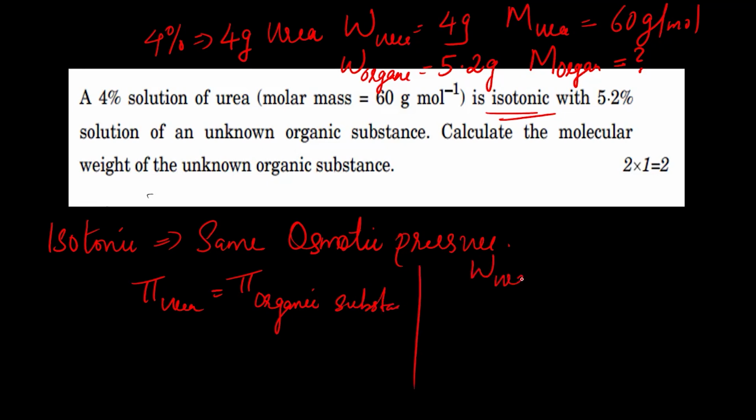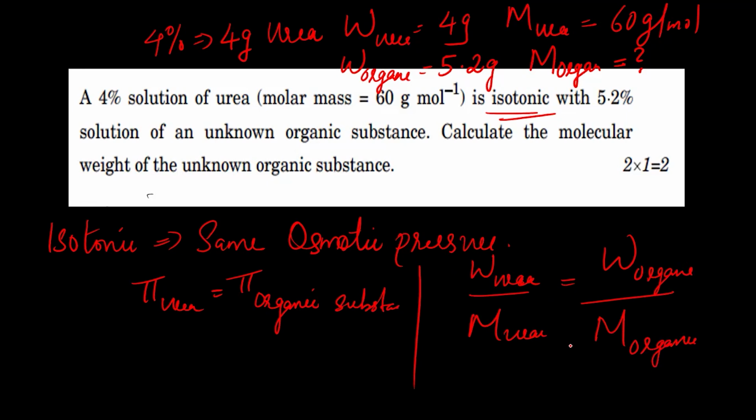Weight of urea by molar mass of urea is equal to weight of organic substance divided by molar mass of organic substance. So how will you get the molar mass of organic substance? Just substitute, right?